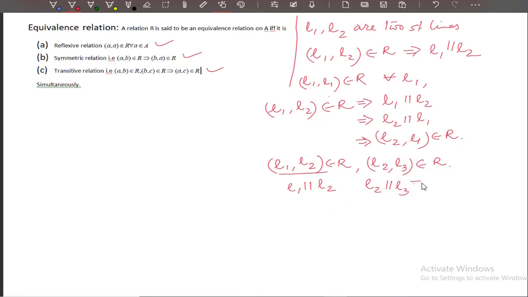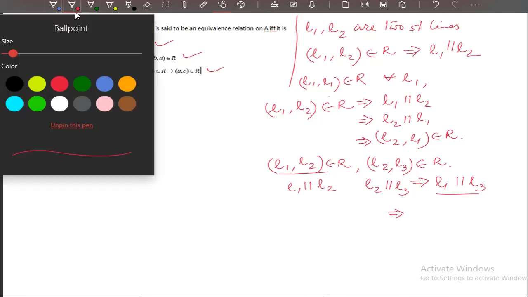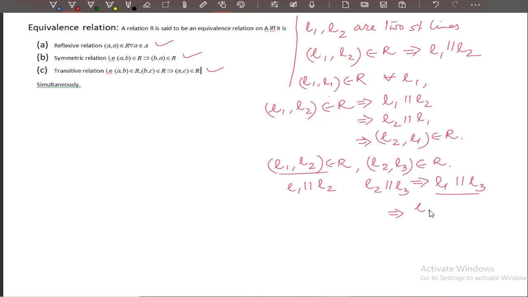So L1 is parallel to L3. L1, L3 are related.